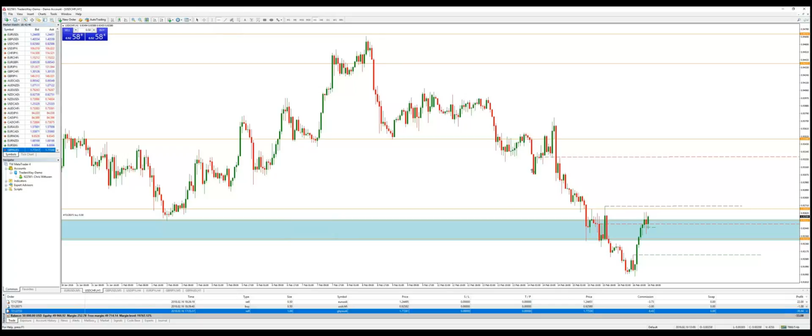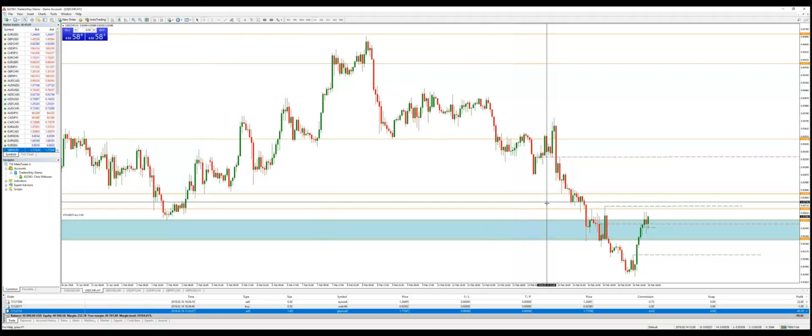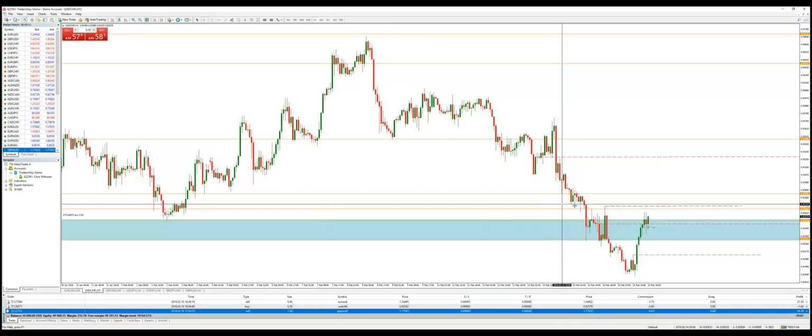Finessing some of the view. These pivot lines will give you areas where price will run into and hesitate. And there are areas that if you're long, you want to see them break through.